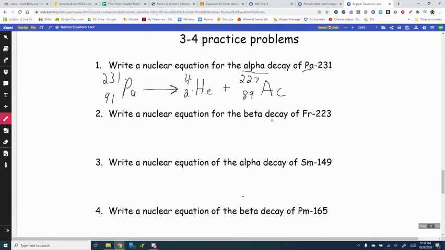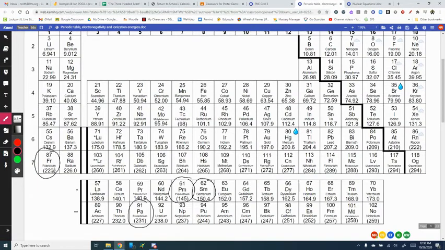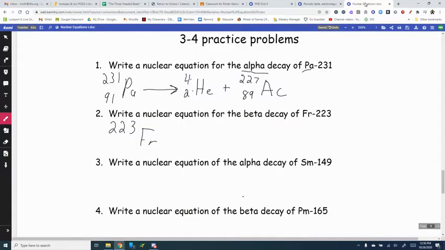Next, we're going to do a beta decay of Fr, which is francium. So it's the same idea. We start with 223 Fr. We find Fr on the periodic table. It is francium 87. So we put 87 here.